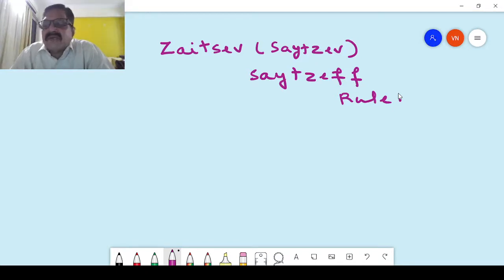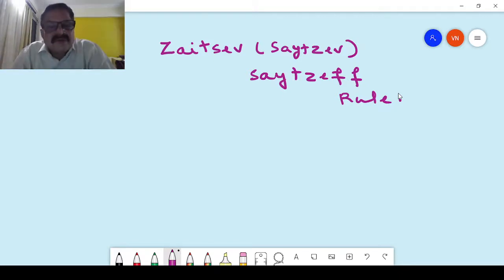That is our Zaitsev rule. What is the major product in beta elimination? It has the more substituted double bond, which is the more stable double bond. In the dehydrohalogenation of an alkyl halide containing two or more different beta carbon atoms, it can yield a mixture of products, but usually only one alkene predominates.